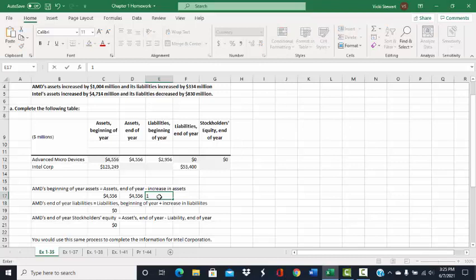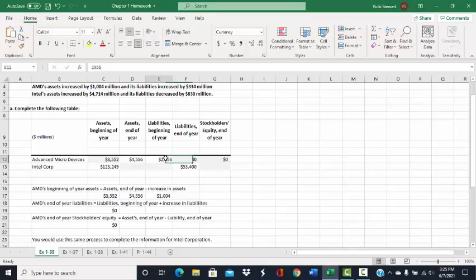So we're going to put that amount in now. I have my formula set up to calculate the beginning of the year. So it took the 4,556 and subtracted the 1,004, and it filled in 3,552.